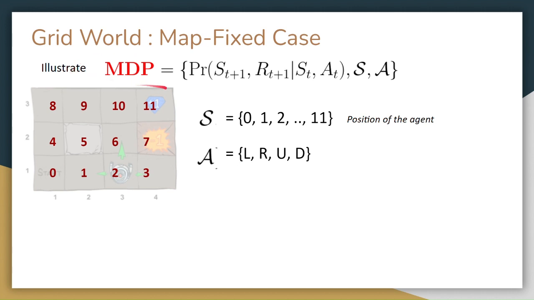Okay, in this simple game, the map is fixed and everything is deterministic. Let's see what the MDP is. The action is the most obvious one. In this game, the agent can go left, right, up, and down. So the action space is the set of four objects: left, right, up, and down.